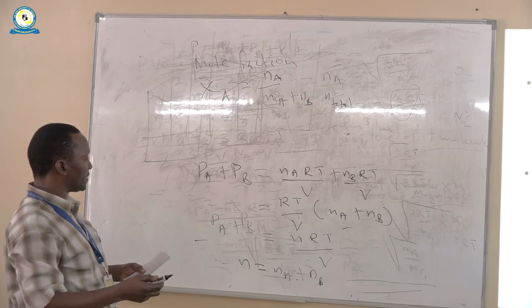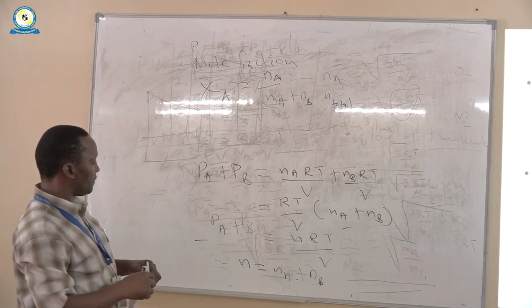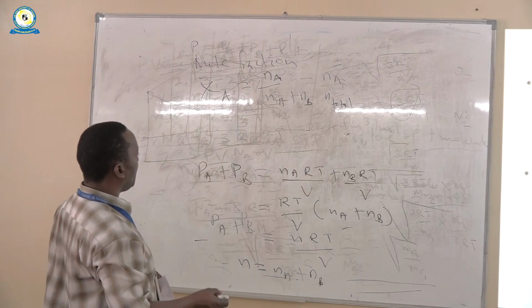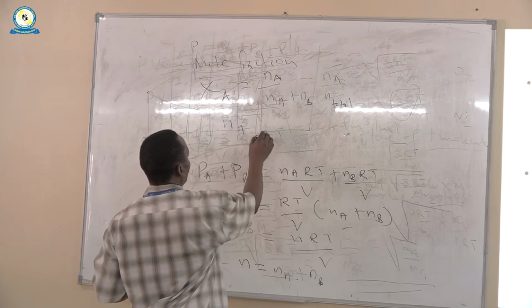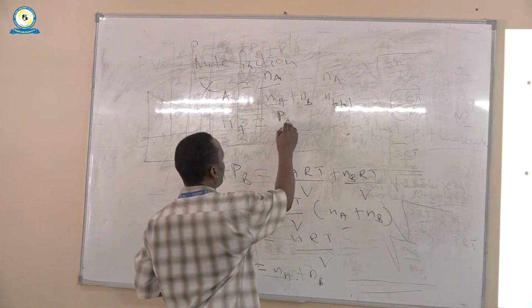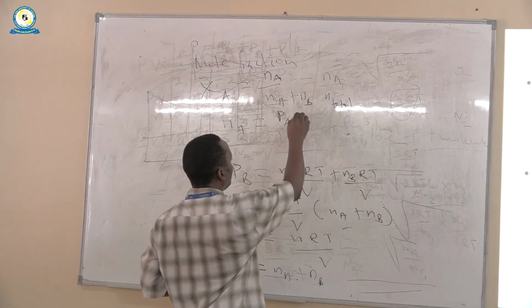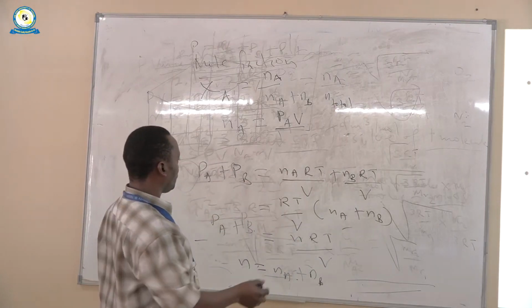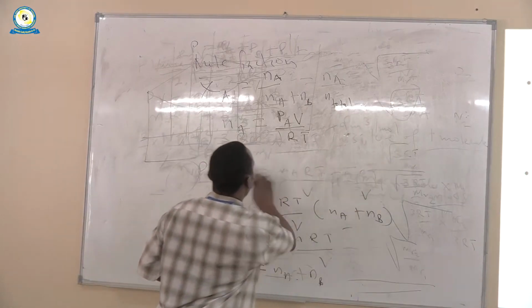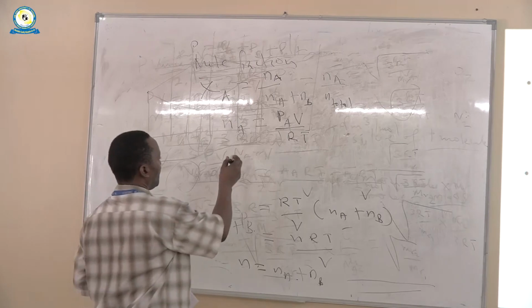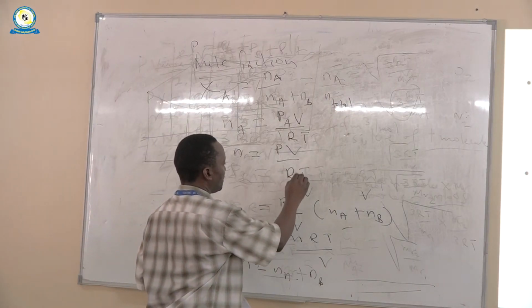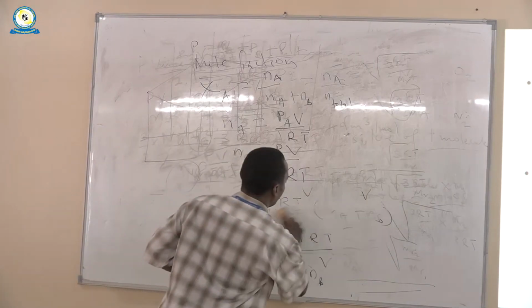But we have that nA is equal to PAV over RT, and we have n is equal to PV over RT.